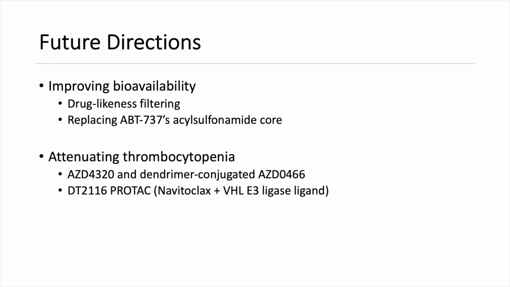This was demonstrated to have potent anti-tumor activity, greater than navitoclax, and less platelet toxicity in vitro and in vivo. Interestingly, in March 2021, DT2116 was approved by the FDA to move forward to clinical testing, suggesting promise in the future of targeting Bcl-xL activity as a therapeutic strategy.